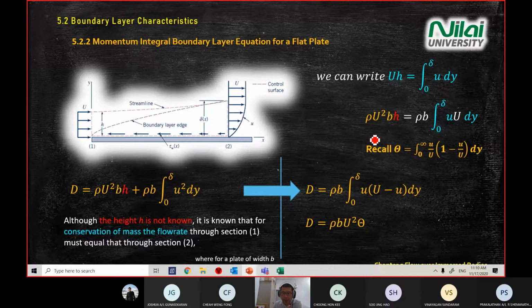After we get this one, we recall the definition for momentum thickness, which you can find in your tutorial question 14, 1-4. Then you compare this one and this one, rearrange mathematically, and you will get drag equal to rho b U square in terms of momentum thickness.